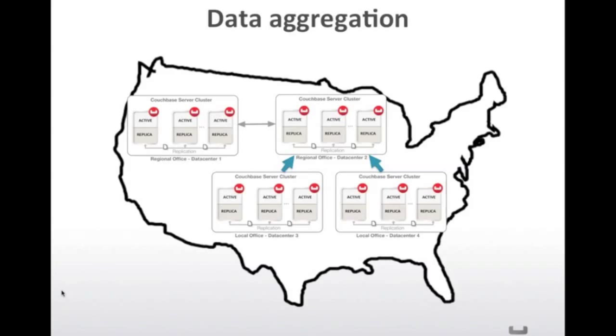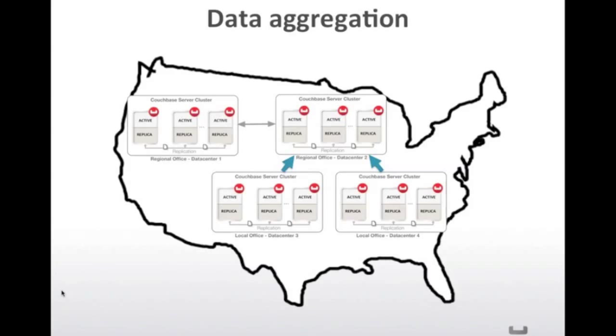And data aggregation. We have customers, for example, who are using this sort of a topology. They would have, for example, manufacturing data coming into local offices in different areas, and then data being aggregated from the local offices to a regional office, and then to the main headquarters, and they could have a replication set up between data centers that way.